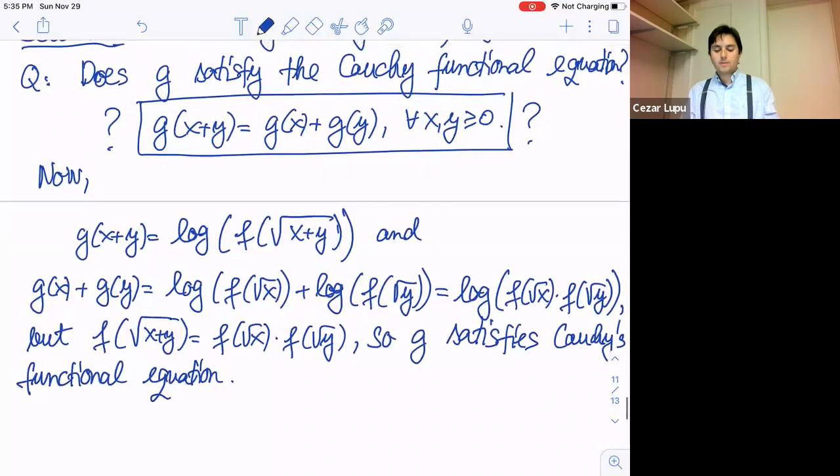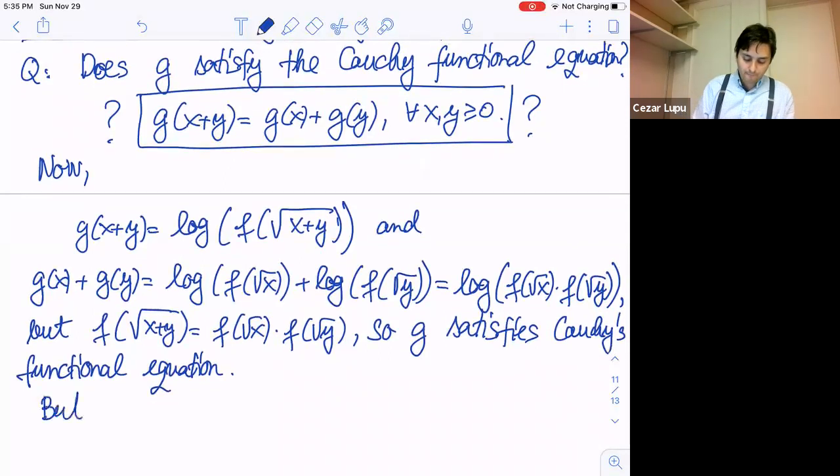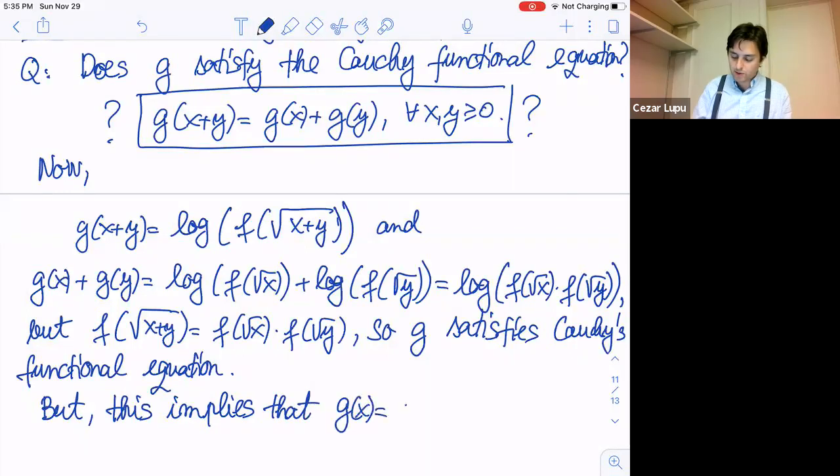But now we know how g would look like. This implies that g of x is nothing else than just a times x.